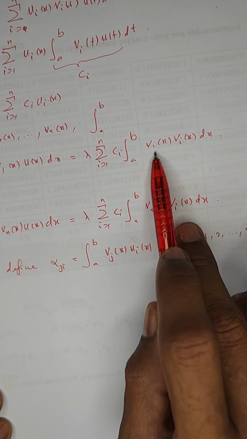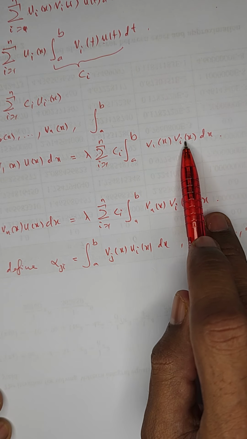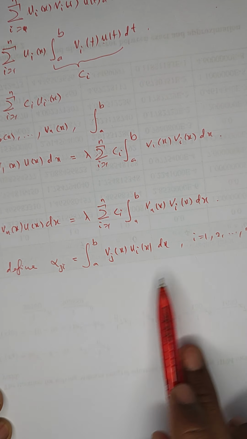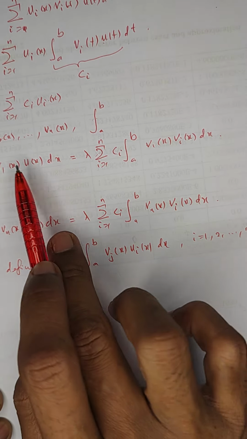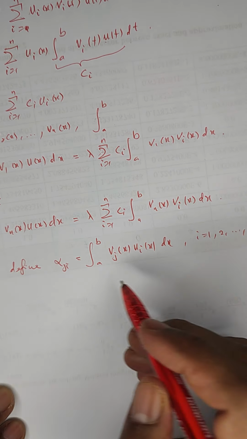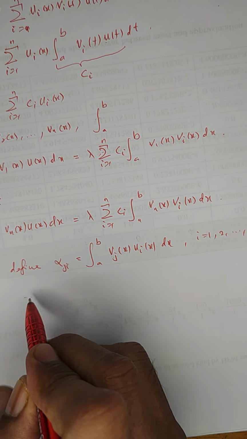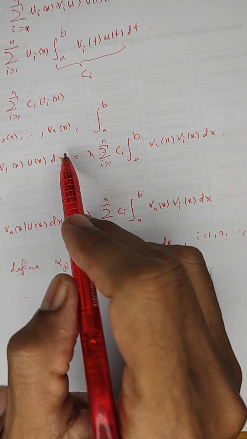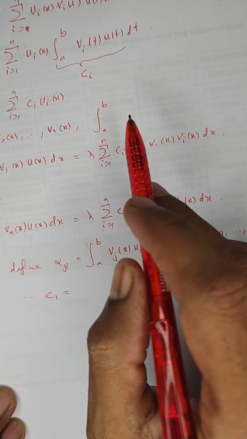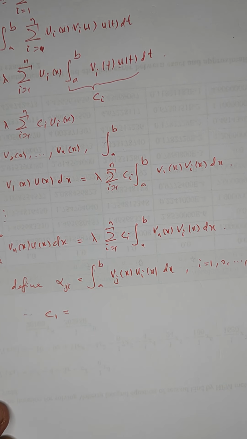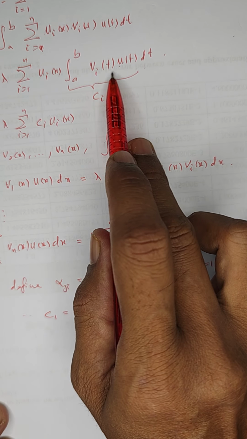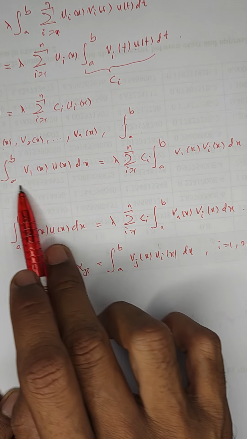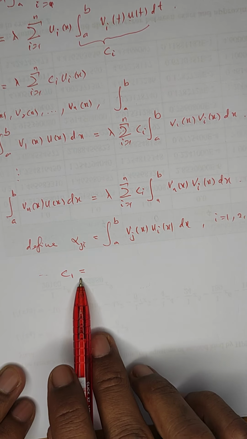So we have v1 vi. No, the left hand side, sorry. So we got those things. So what we end up with is C1 equal to, because this part is C, if you look at the definition of C here, vi(t) u(t), so this is v1(x) u(x), so this is our C1, so that gives us C1.